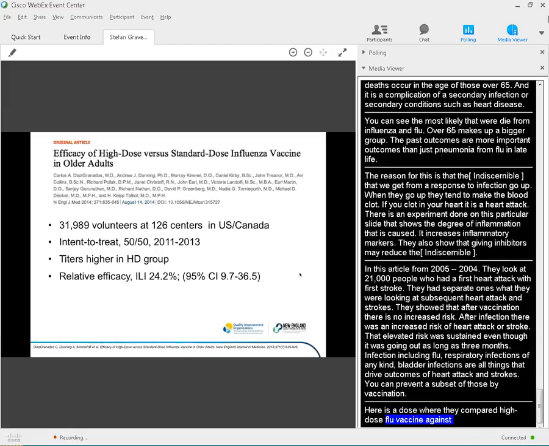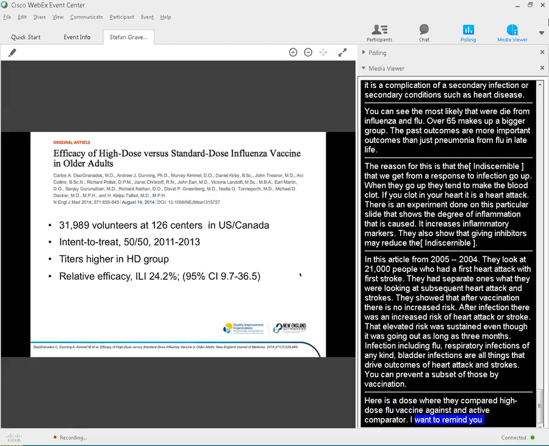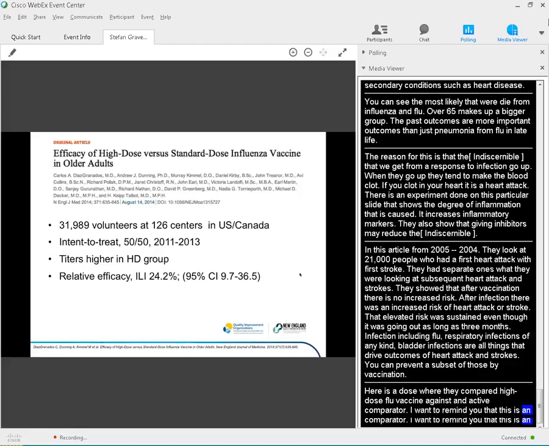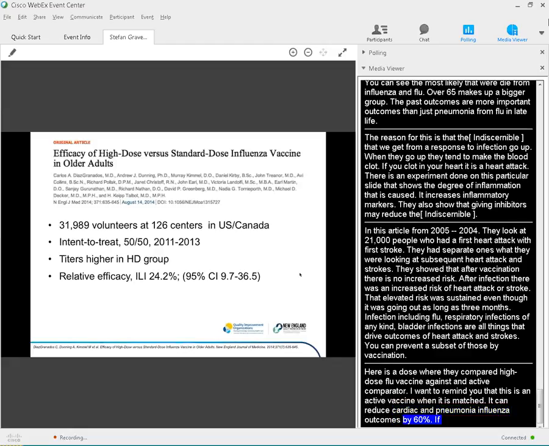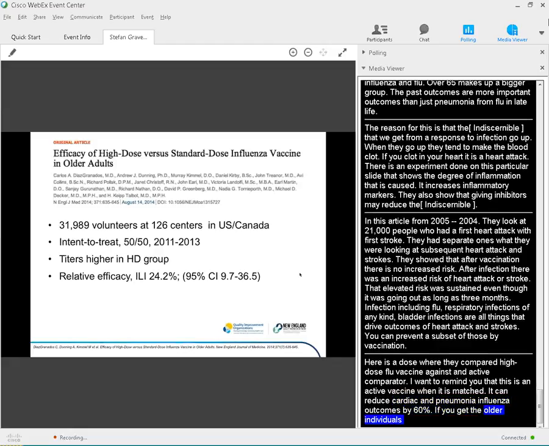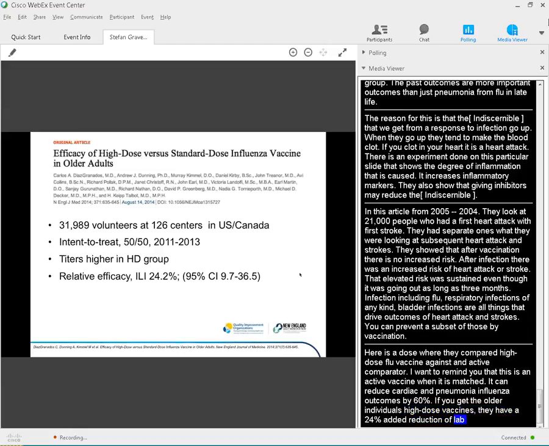And I want to remind you that this is an active comparator standard dose vaccine when it's well matched. Remember, it can reduce cardiac and pneumonia and influenza outcomes by 60%. If you give these older individuals high-dose vaccine, they have a 24% added reduction of laboratory-confirmed clinical influenza. So the high dose seems to be superior in a relatively healthy group of older folks.